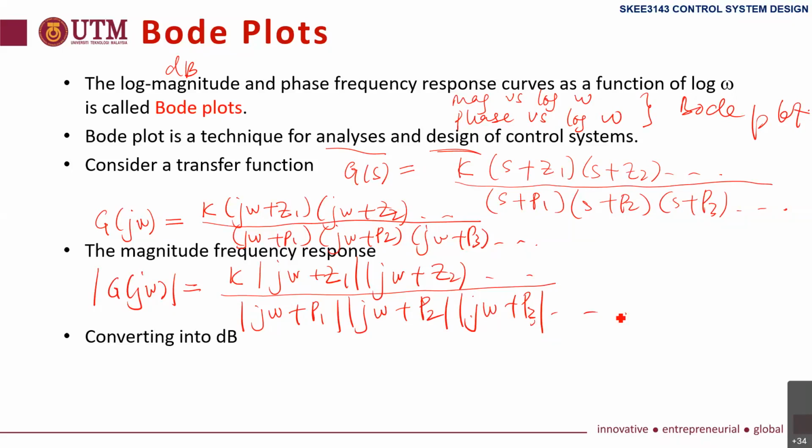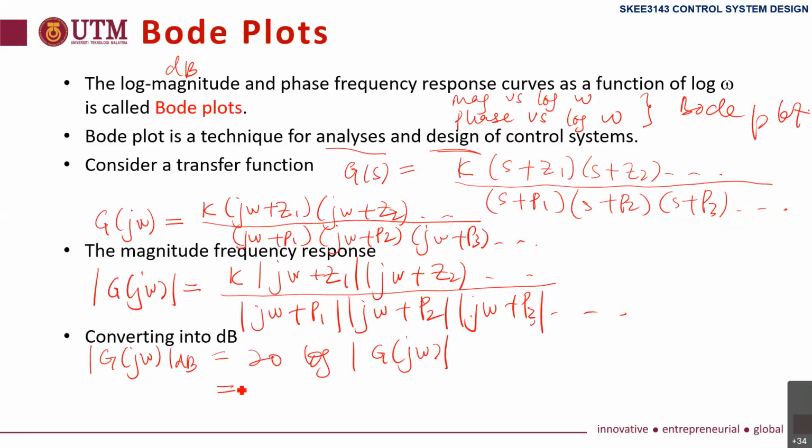As we want them in dB, we have to take log. Then j omega in dB is obtained by taking 20 log of this.